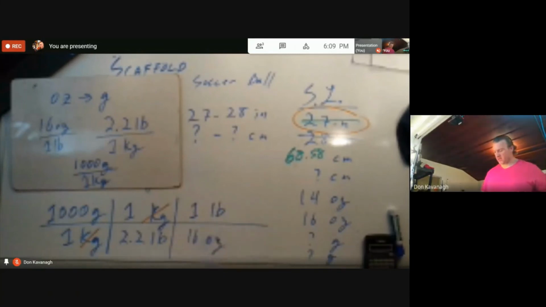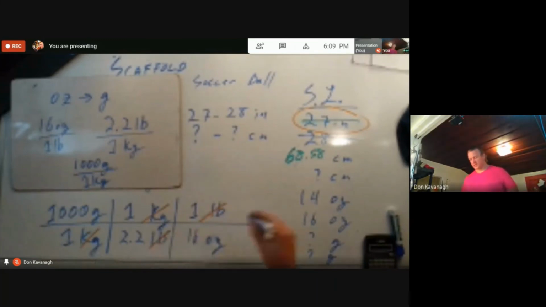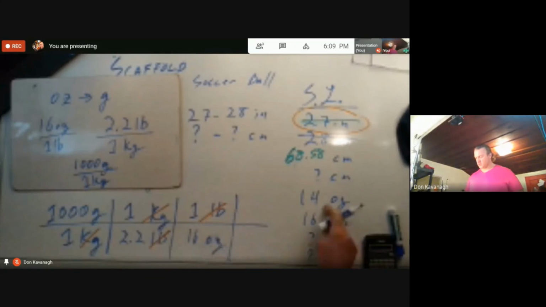Bingo, pounds cancel out. I still need to get rid of ounces. 14 ounces. Top cancels out bottom. Another breadcrumb.